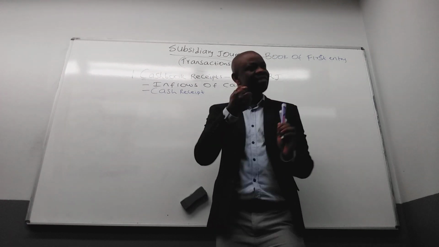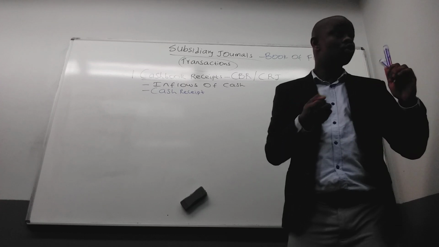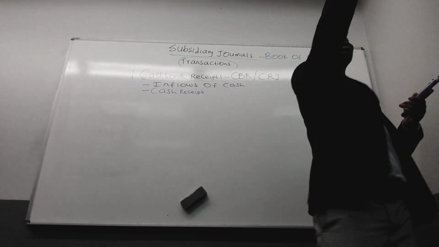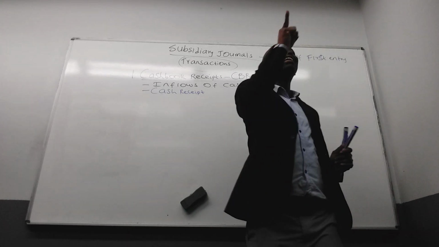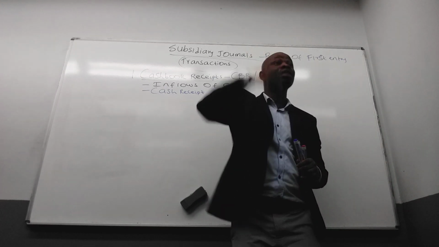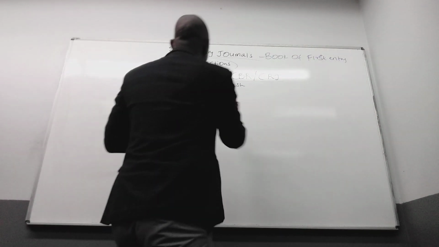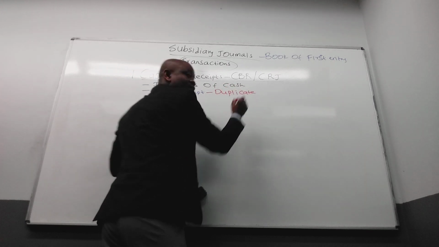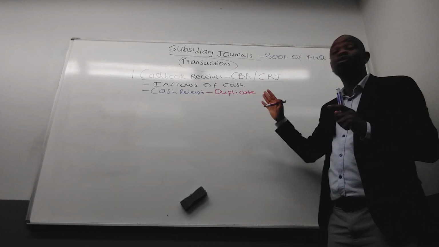But you need to be careful here. Remember, if I receive a receipt, it means someone gave it to me. So we have the supply of the receipt and the receipt of the receipt. For example, when the debtors pay me, I give them the original receipt. But what do I remain with in the business? The duplicate. So I want you to know that in the books of accounts we will retain the duplicate, because sometimes they can challenge you and give you the source document.